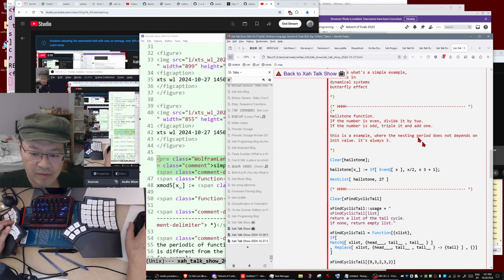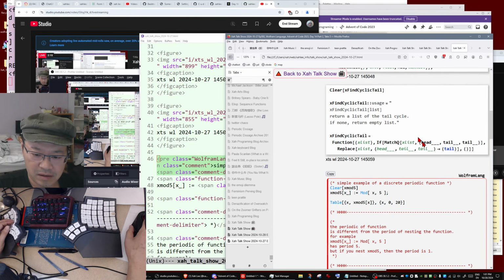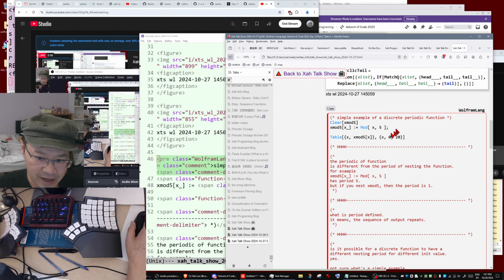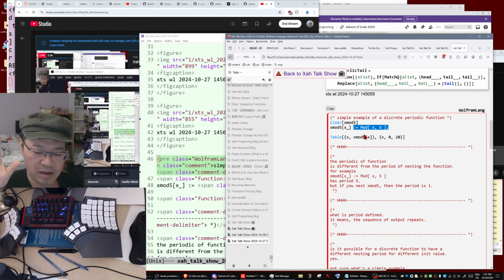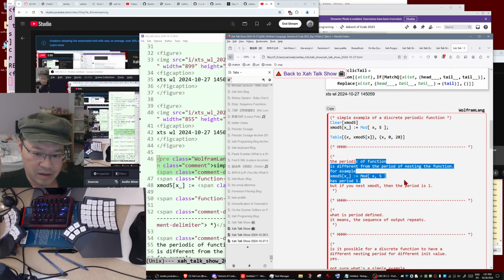We discussed mod 5, modular arithmetic. This is a function that has a periodicity of 5. Give it a value 1, it returns a value.